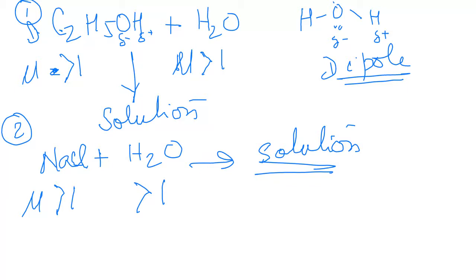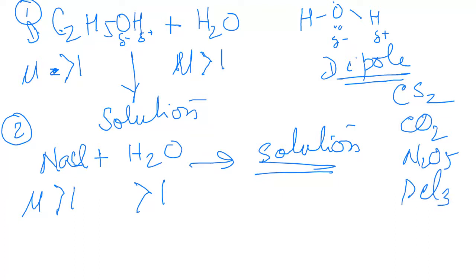Just like the non-polar molecules on the right hand side of the periodic table, whatever molecules they make are all non-polar, like carbon disulfide, carbon dioxide, N2O5, PCl3, all non-polar. So non-polar will dissolve into non-polar. Remember that, okay?